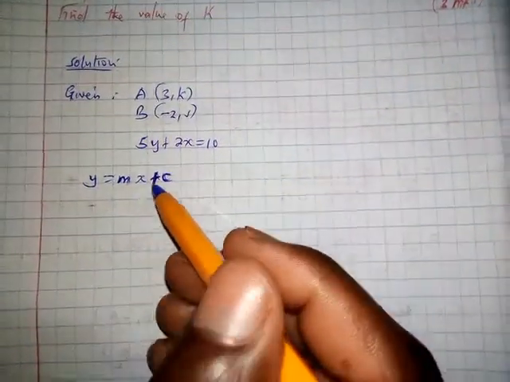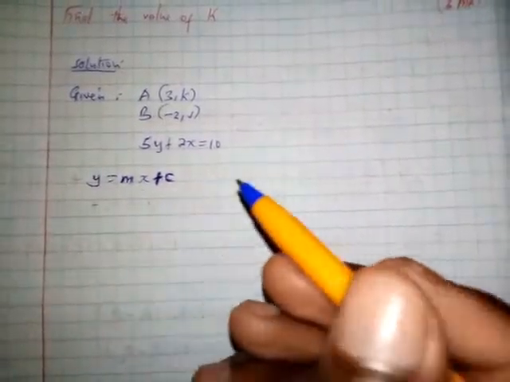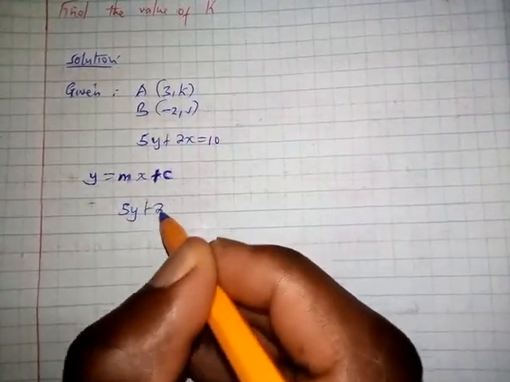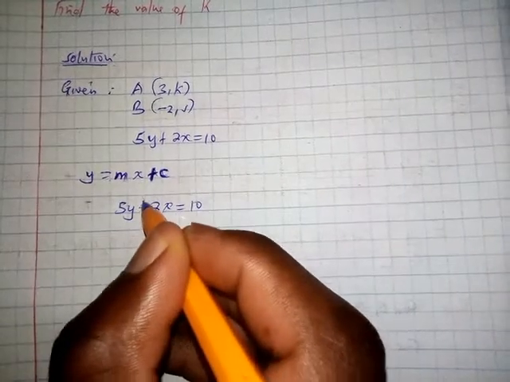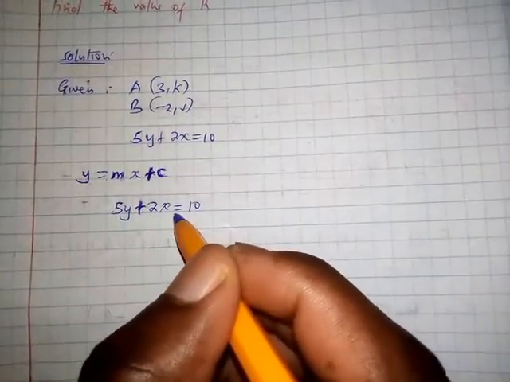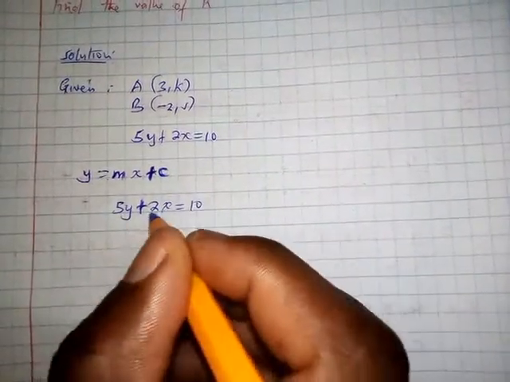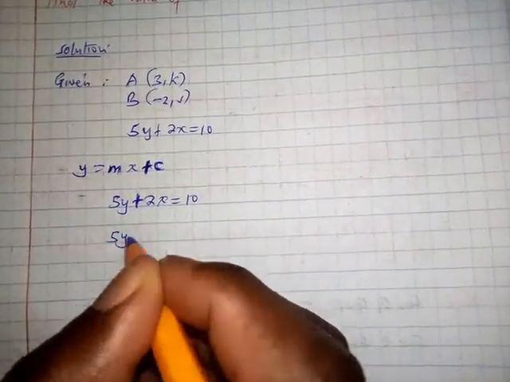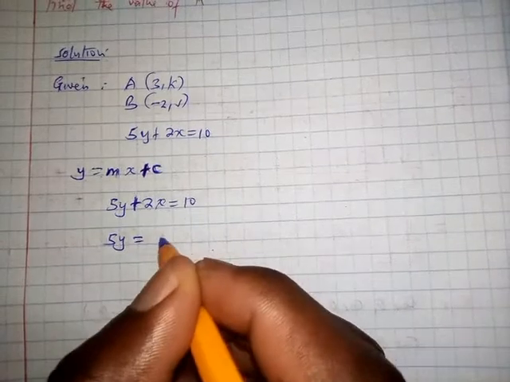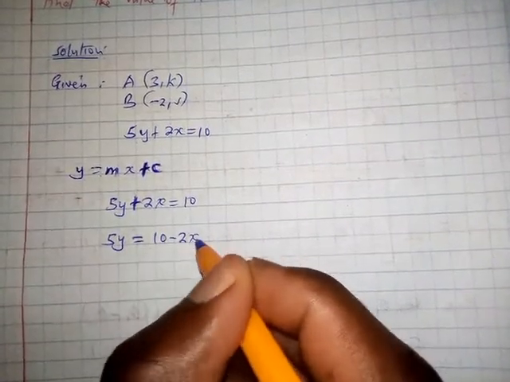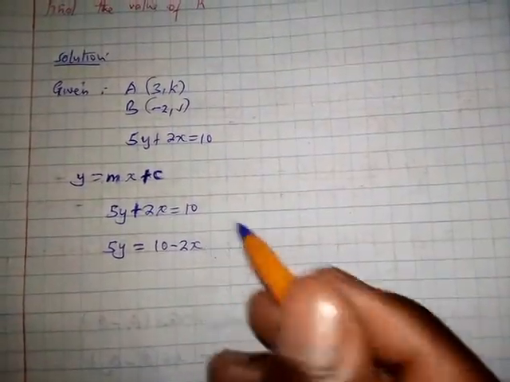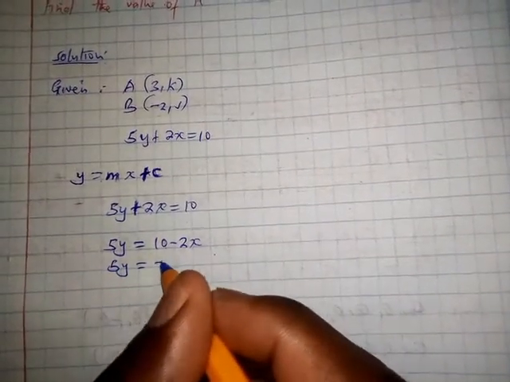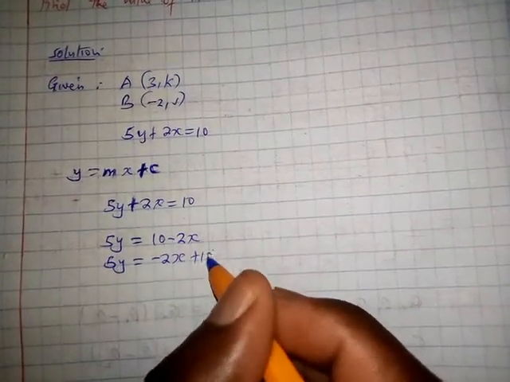So we write this equation in this form, y is equals to mx plus c, and that is 5y plus 2x is equals to 10. So this 2x we move to the other side. This is plus, it becomes negative, it becomes 5y is equals to 10 minus 2x, which is the same as 5y is equals to -2x plus 10.